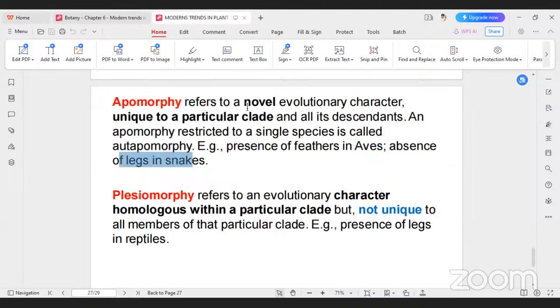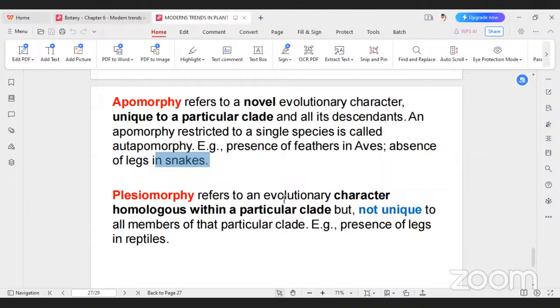When restricted to a single species, it is called autapomorphy. All aves should have feathers; that is a new evolutionary character. But legs are not present in snakes; that is also one unique, new character.